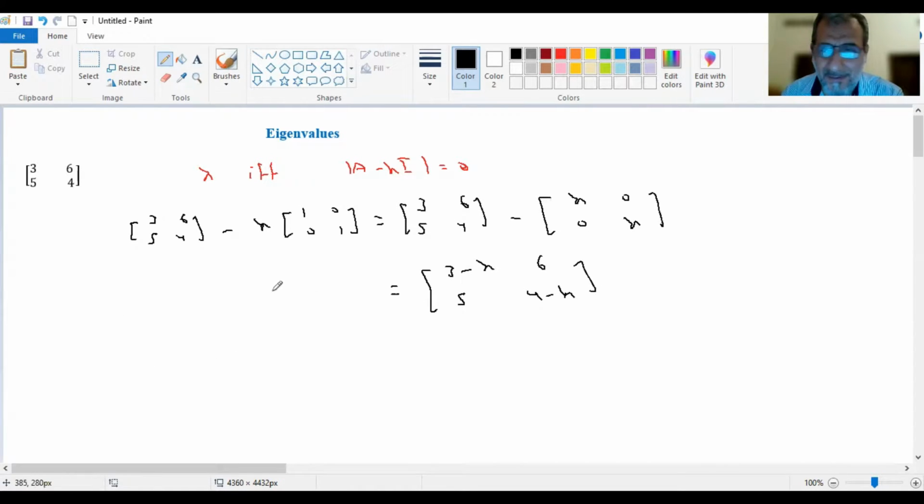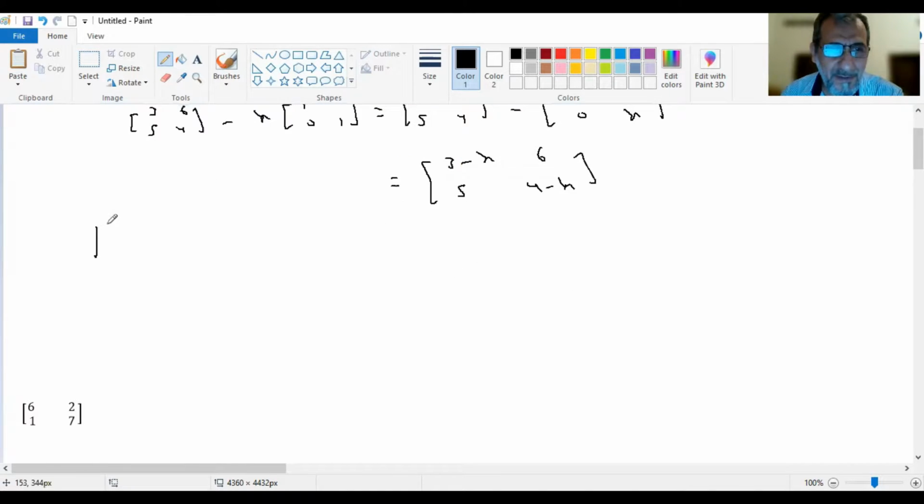Now, the determinant of this one equals 0. How to find the determinant?